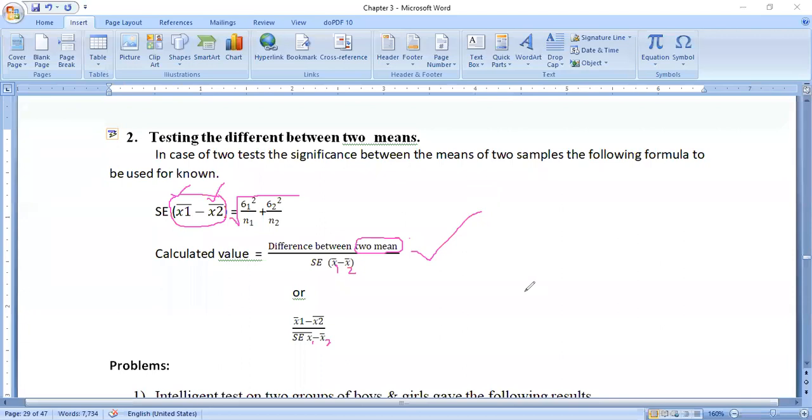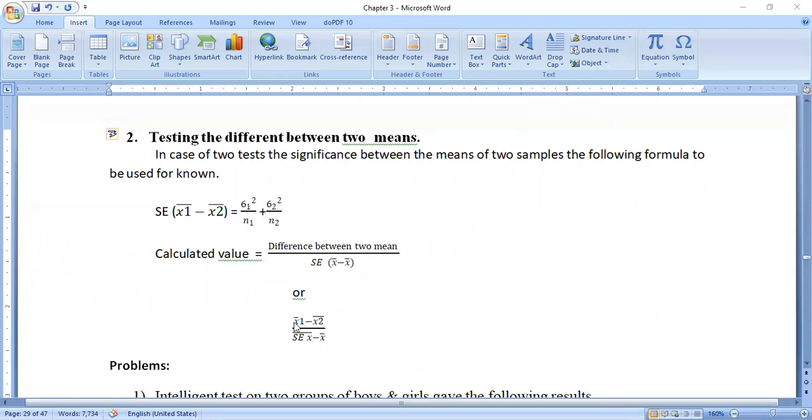Once again I am clearly explaining the formula. Standard error of x bar 1 minus x bar 2 is equal to the square root of standard deviation 1 squared by n1 plus standard deviation 2 squared by n2. Then the calculated value is equal to the difference between two means divided by standard error of x bar 1 minus x bar 2. This is the formula.